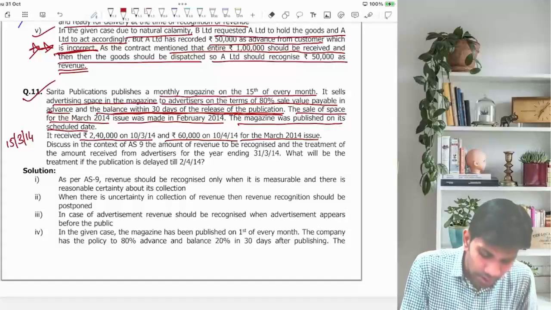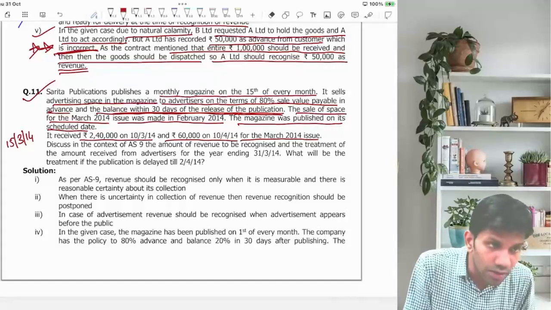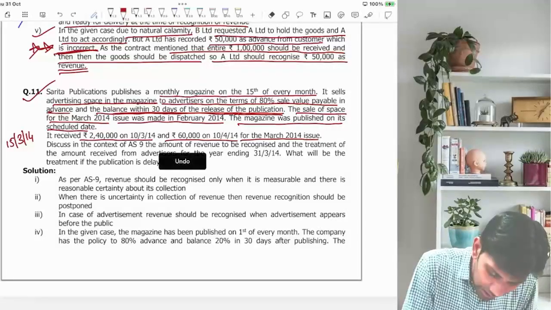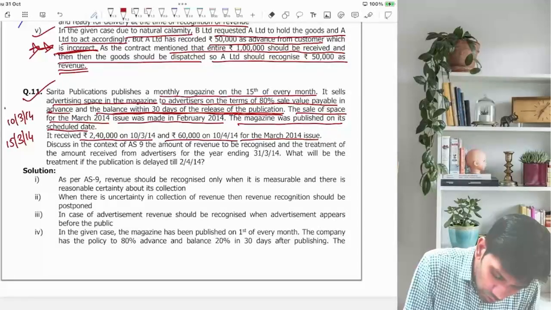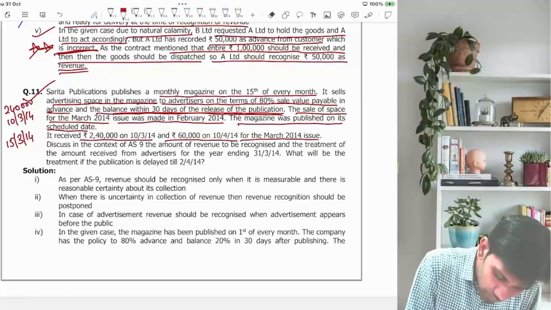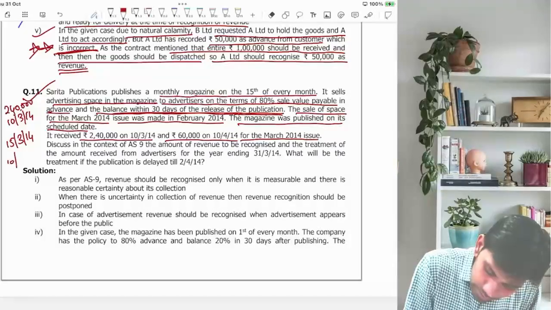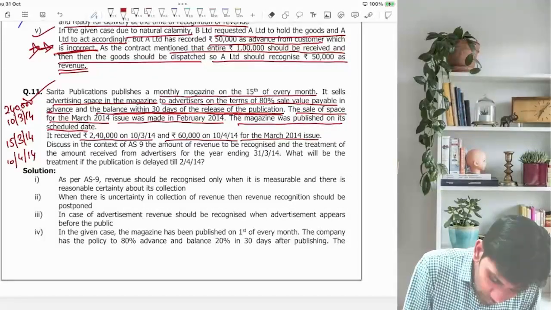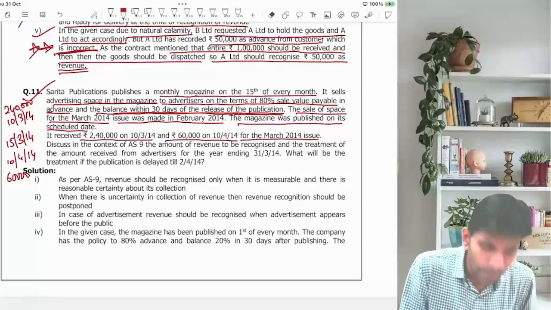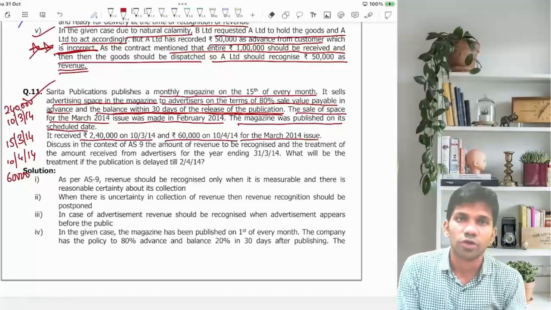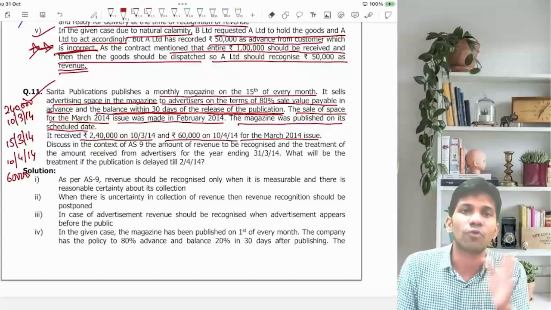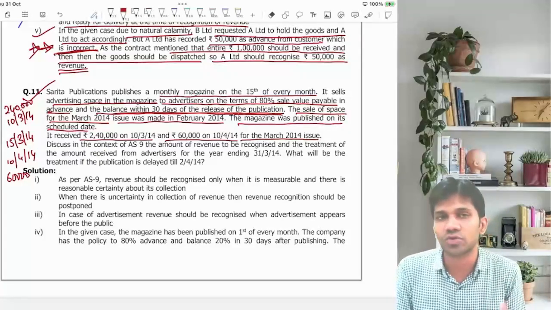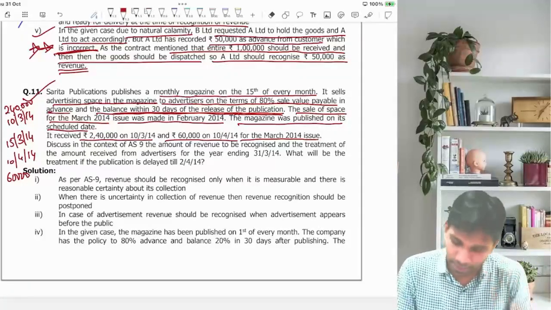So the company received 2,40,000 on 10th March and the balance of 60,000 on 10th April.